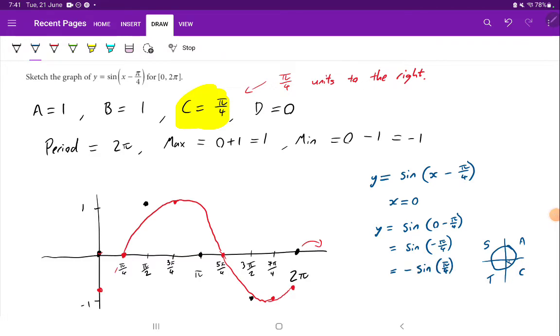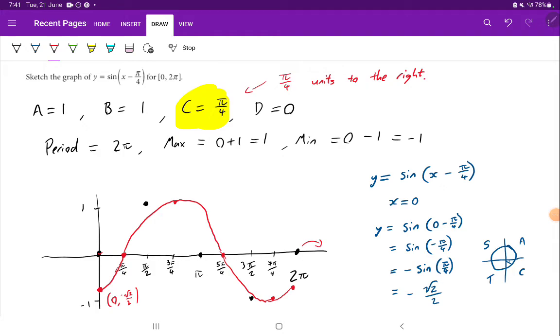And the sine of negative pi on 4 is just going to be negative square root of 2 on 2, or 1 on the square root of 2, whichever you prefer. Okay, so that's one endpoint. So the first endpoint down here is going to be at 0, negative square root of 2 on 2, which makes sense visually. Like, you can actually visually see that that makes perfect sense.